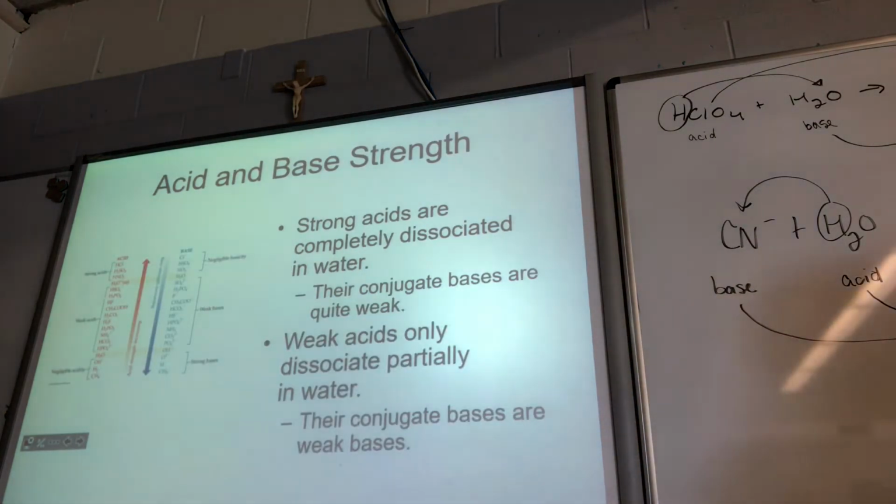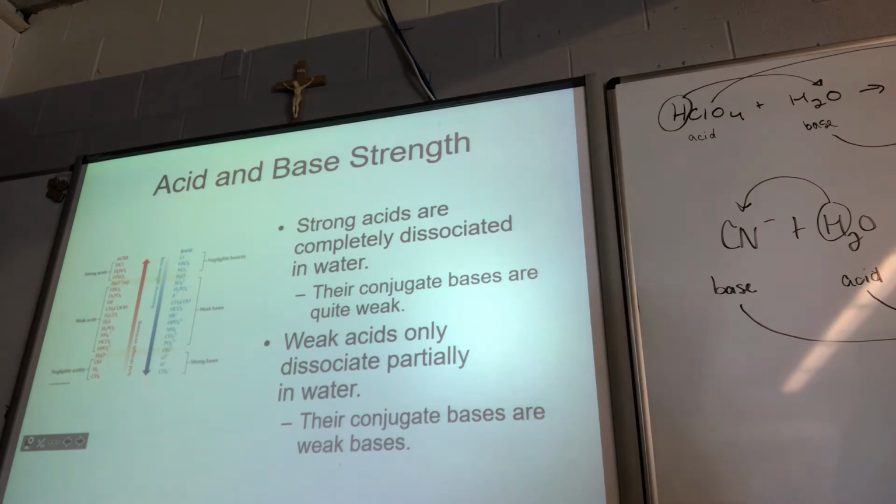Okay. When it comes to strength of acids, there are basically two categories here. Strong, weak. Acids and bases fall into strong and weak. If they are not strong, they are by definition weak, and vice versa.